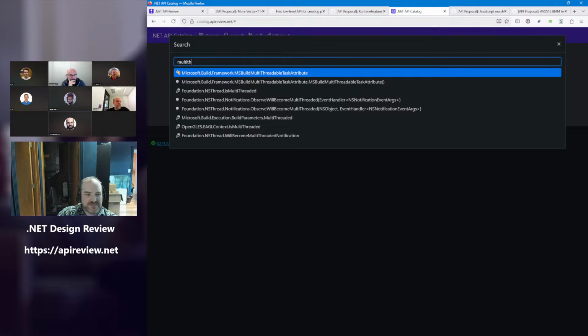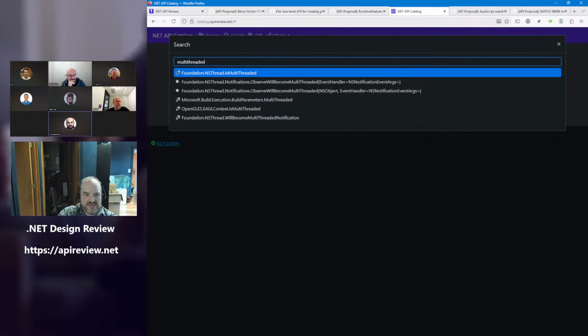WPF has another property called multi-threaded collection change not supported, and in this property name they are using T as uppercase. That's internal though, right? That is very internal.